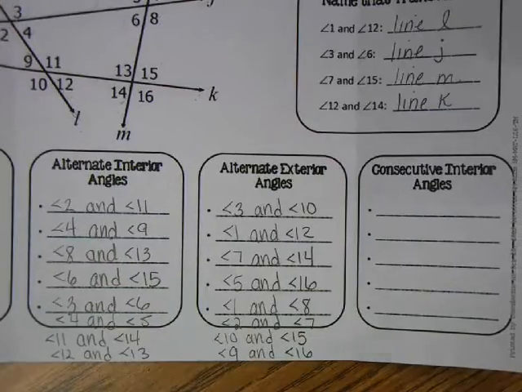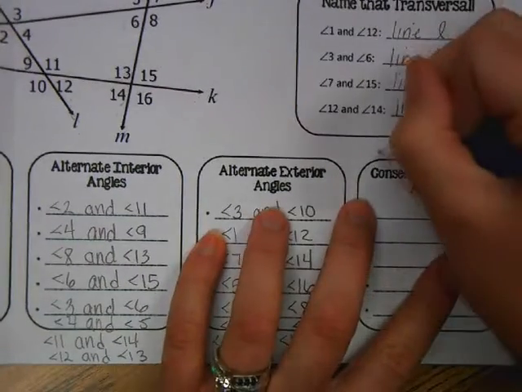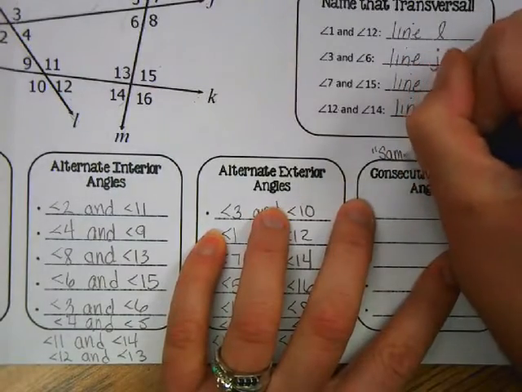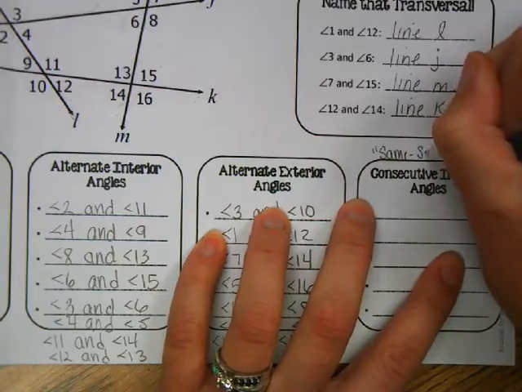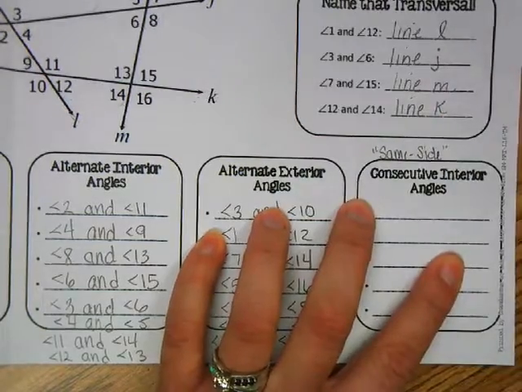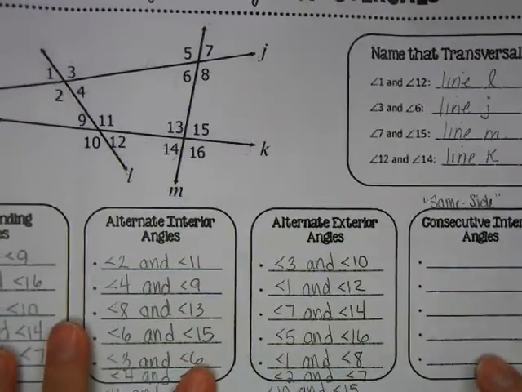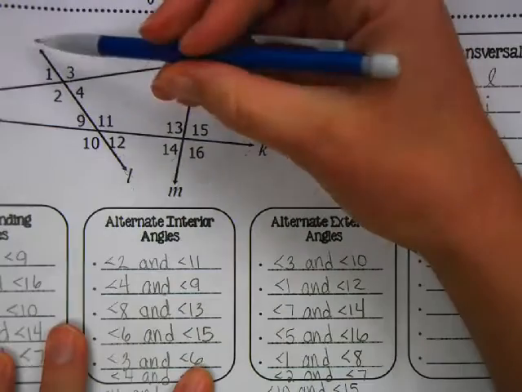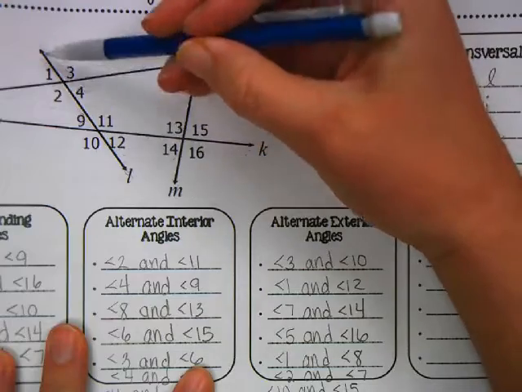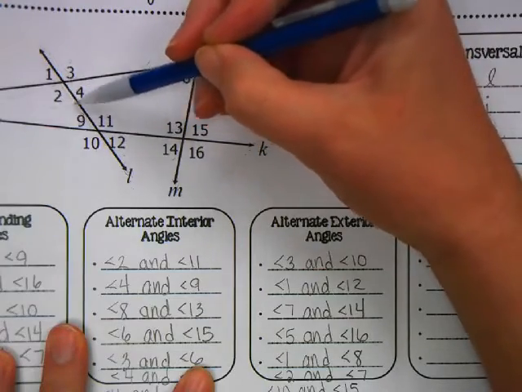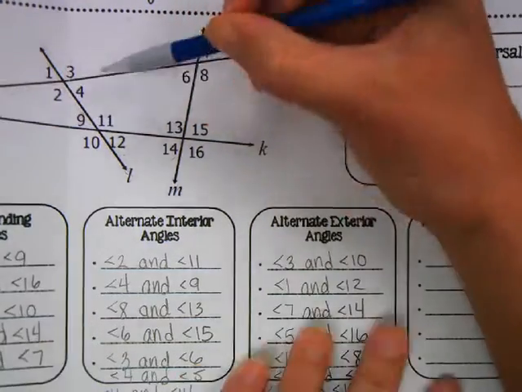Okay, then consecutive interior. So remember, consecutive interior angles have to be on the same side of the transversal and inside the other two lines. So using L again to start, 2 and 9 are consecutive interior.